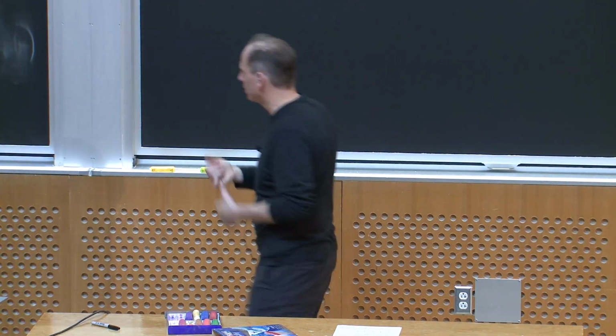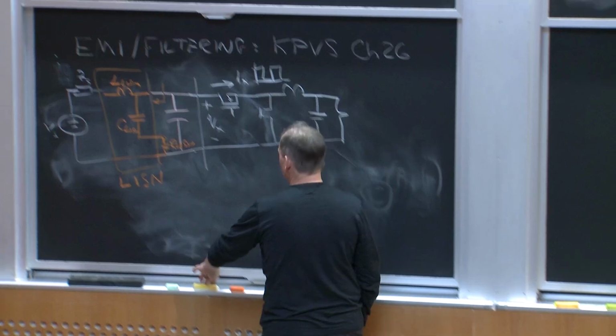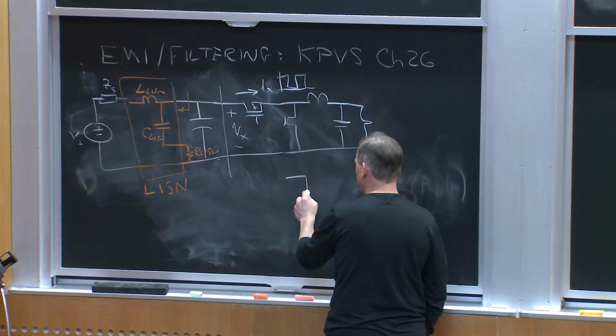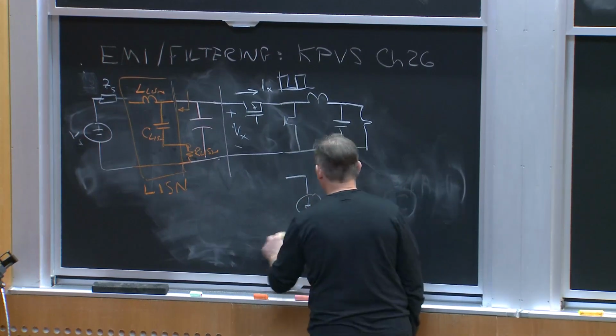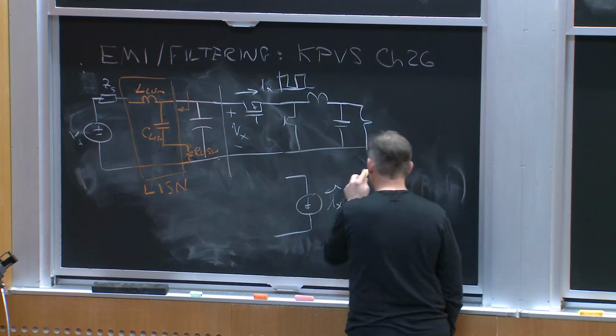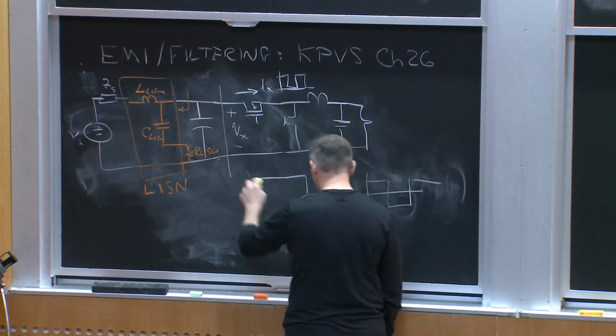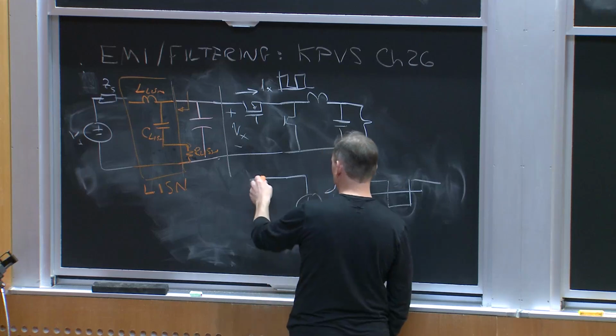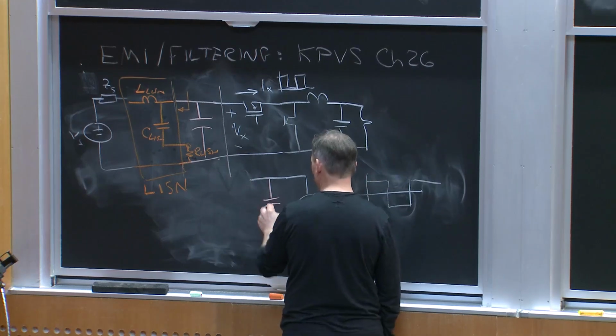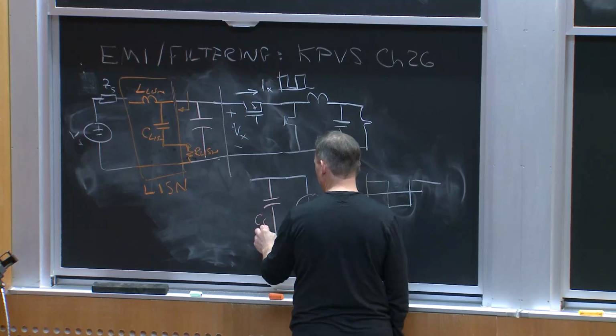But the basic idea is as follows. I have some ripple current, I'll call it Ix tilde here, which might be some large signal. I put it back into my filter capacitor, or my filter more broadly. Here it's just CF.